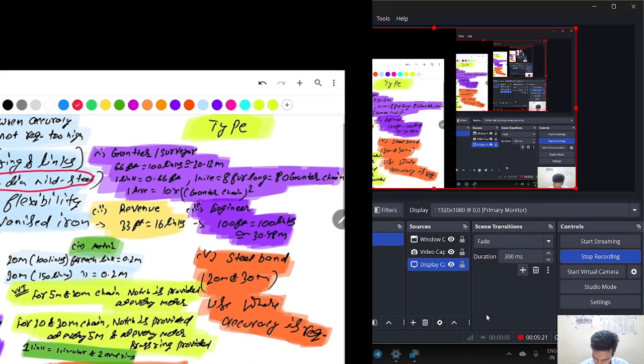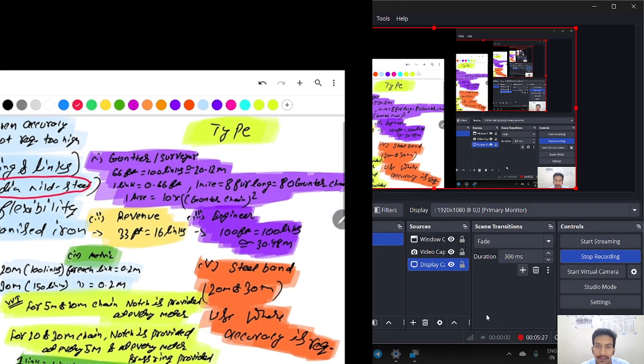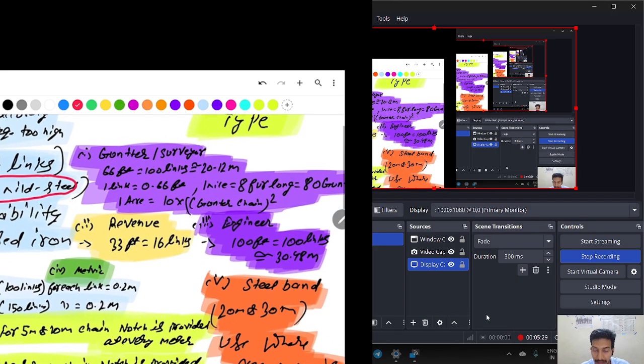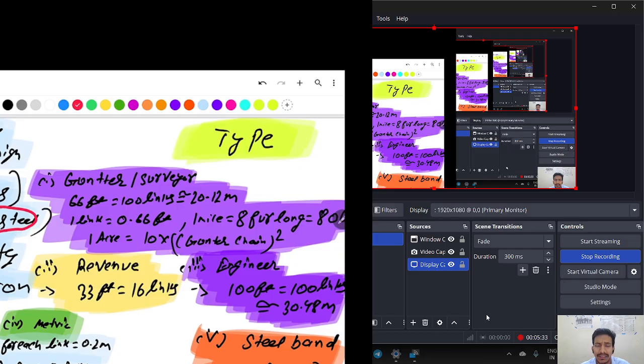Now the types. Chains also come in types. The first is Gunter's or Surveyor's chain. In the Gunter and Surveyor chain, 66 feet is equal to 100 links, which is usually known as 20.12 meter. If we use the Engineer's chain, then 100 feet is equal to 100 links and 30.48 meter.